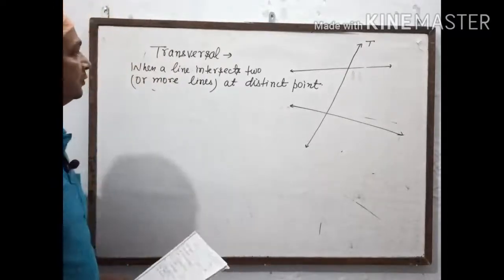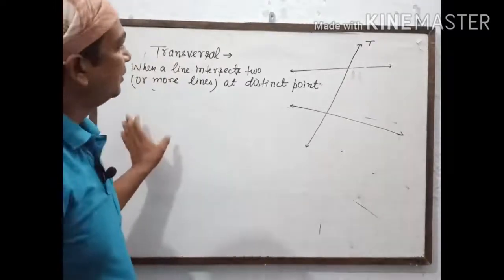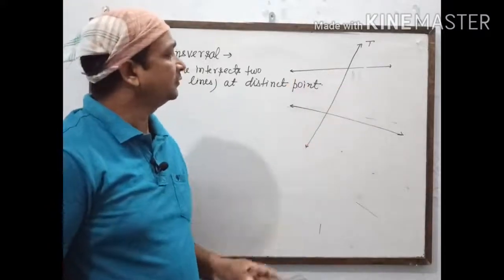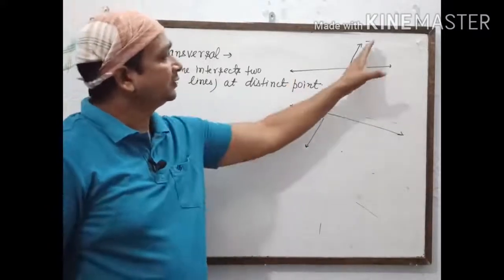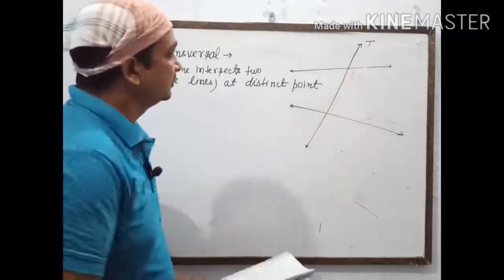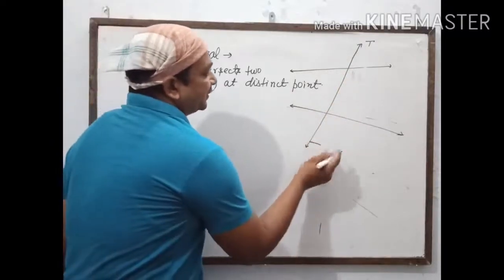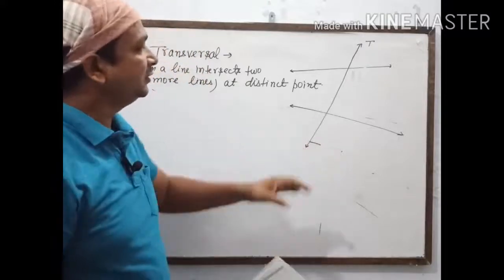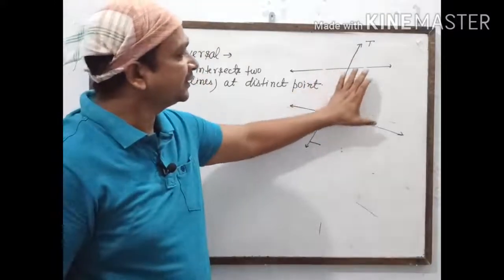Now we explain various types of angles formed when a transversal intersects these two lines. The transversal is intersecting these lines, and these two lines we can say are intersected lines.